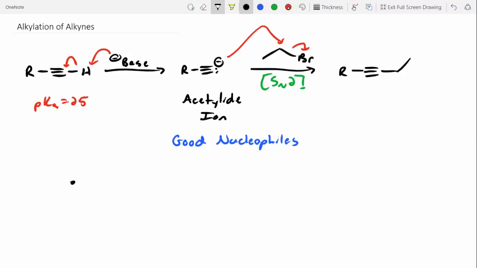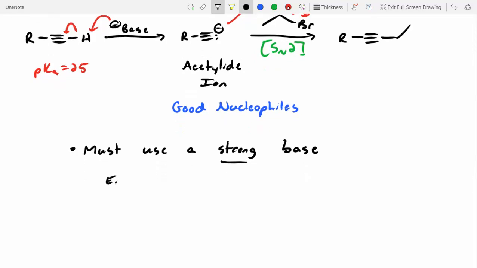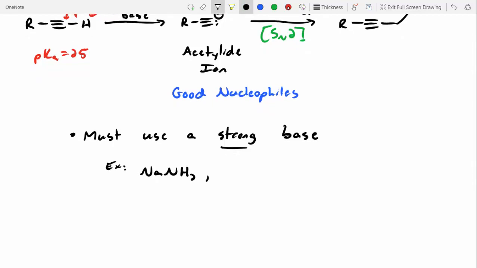The key for these reactions is you must use a strong base, just like we saw in the problem of the day. Sodium hydroxide, potassium tert-butoxide, those are not strong enough. So examples of bases that you can use are sodium amide, so NaNH2. You can use sodium hydride. What's another one we could use? Think back to your pod. Yeah, butyl lithium.